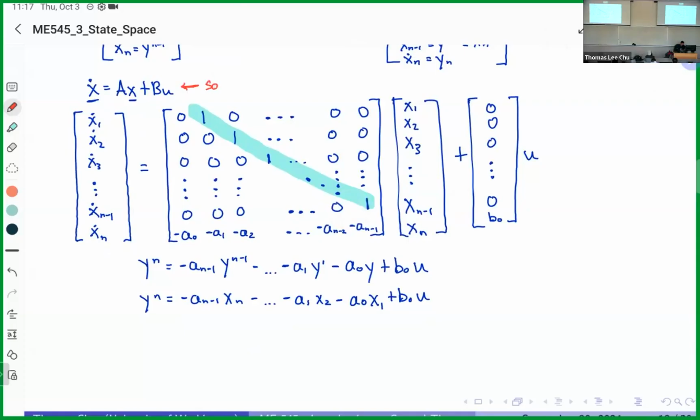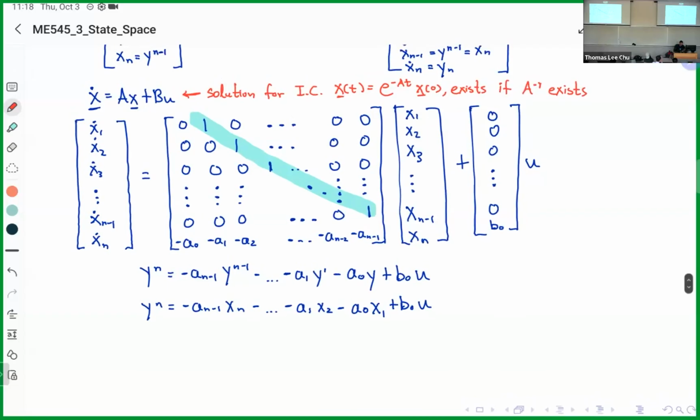The solution for the initial condition response, x of t, is going to be equal to e to the minus at multiplied by the initial condition. That solution exists if A is invertible. So this only works if we have an invertible A matrix. That's a little side note about this.